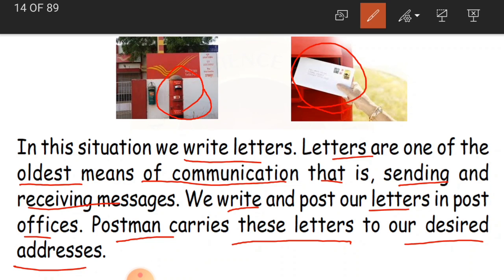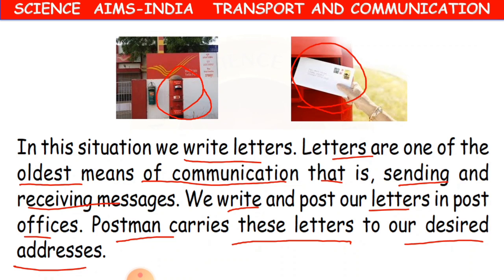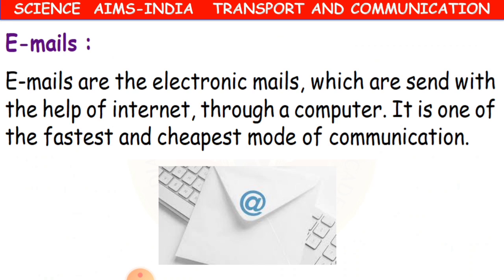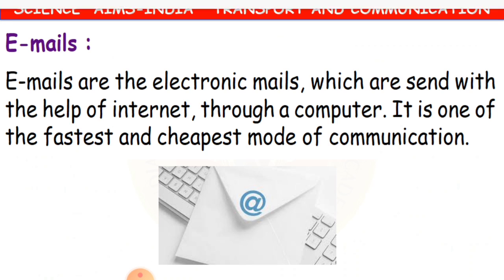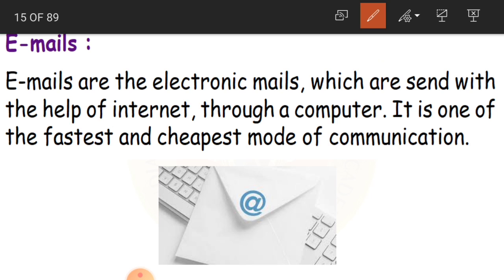So what we learned in the means of communication: one thing is the land phone, another one was the mobile phone, the other one was the letter, and still we have one more means of communication. What is that? Emails. Emails is nothing but electronic mails.